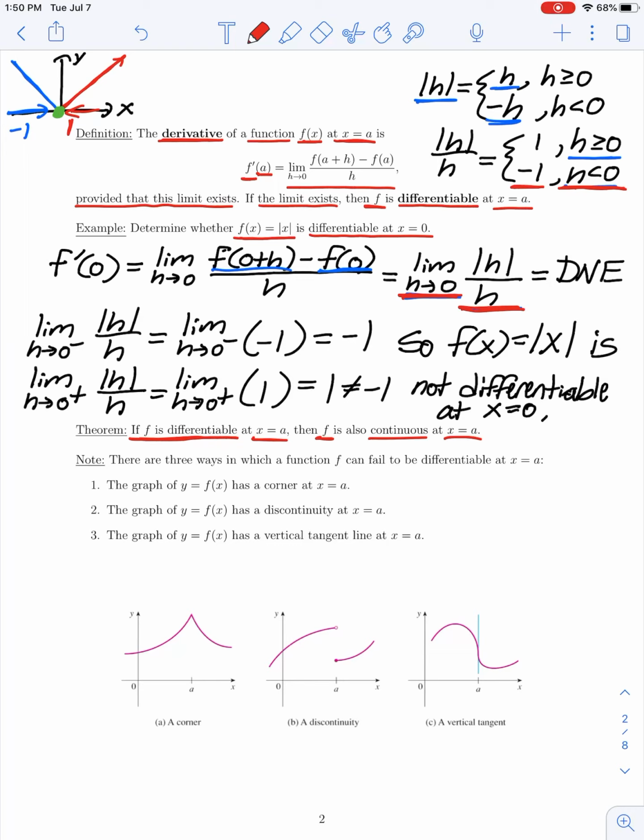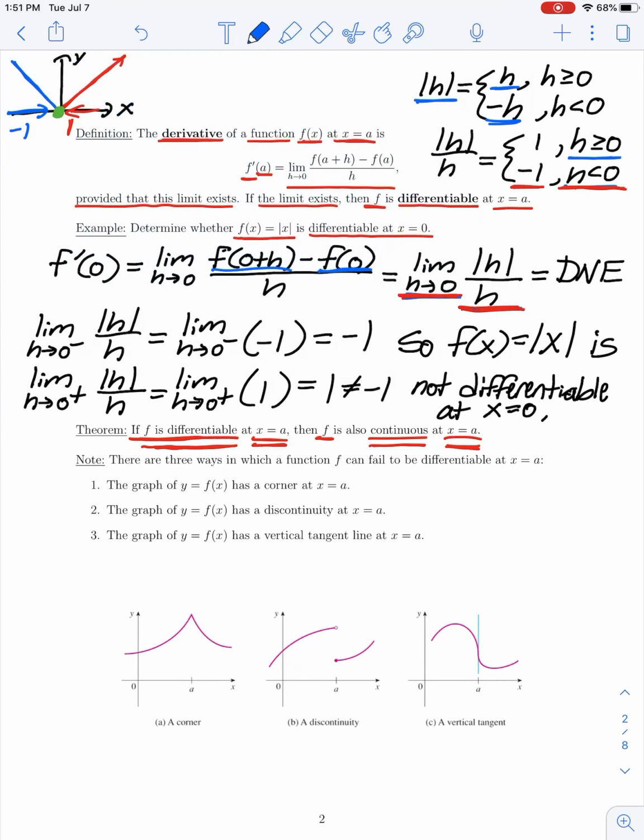Now, the converse of that theorem says, well, if a function f would not be continuous at x equals a, then it cannot be differentiable at a. Because if a function is differentiable at a, it must be continuous there. So if we know it's not continuous, then it cannot be differentiable at that point. So we're seeing a couple of cases in these two examples where a function might fail to be differentiable.